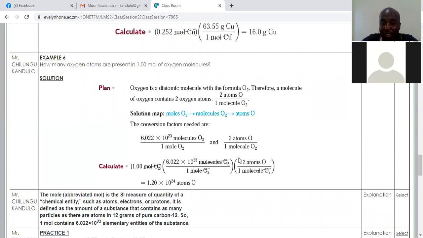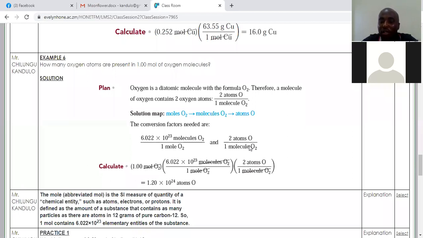Then you multiply by a further conversion factor, which tells you that 1 molecule of O2 always has 2 atoms. If it was water, how many atoms would there be? We know that one molecule of water has 3 atoms, 2 hydrogens and 1 oxygen.